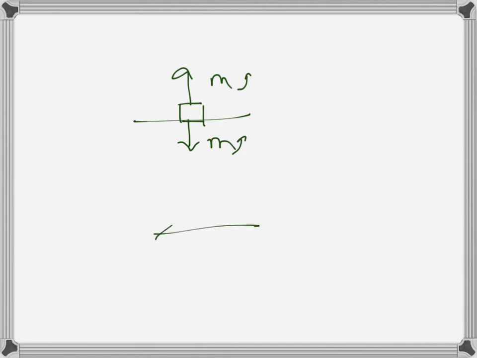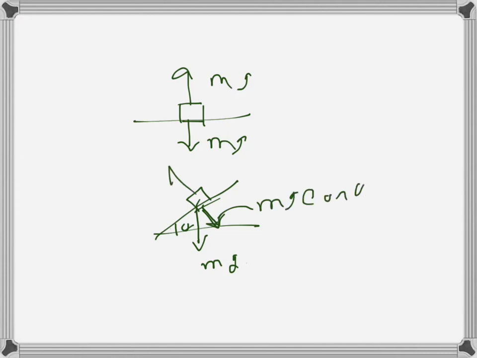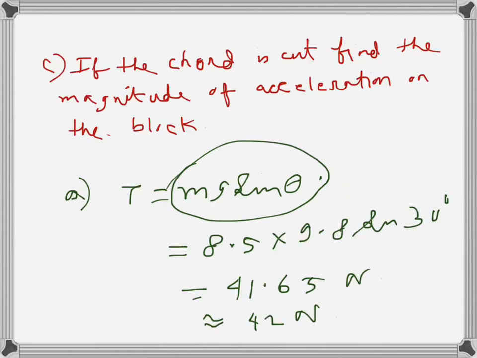But on an inclined slope, the weight is still downward, but the component perpendicular to the surface is mg cos theta. So the normal reaction force is also mg cos theta.